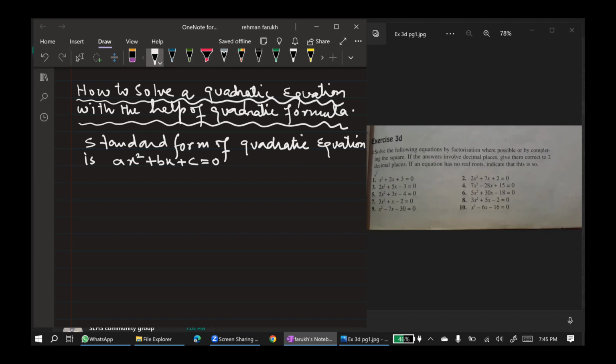The first method we learned about the solution of quadratic equation is the middle term breaking, factorization with the help of middle term breaking.